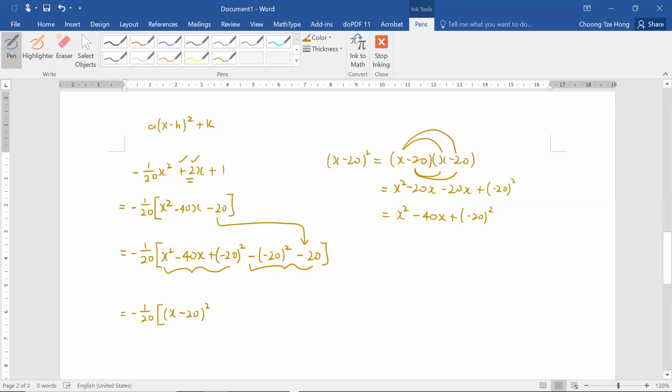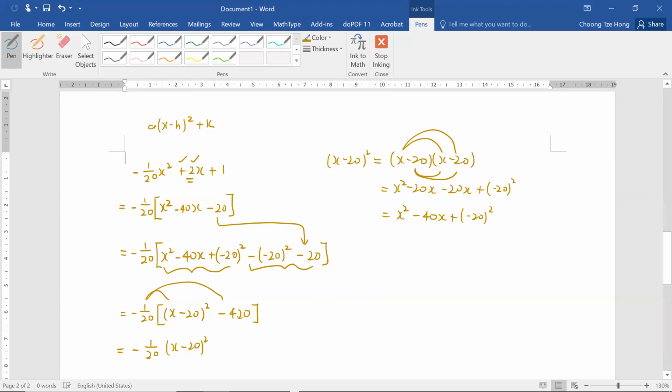You can just use your calculator. Negative 20 squared is 400. So negative 400 minus another 20 will give you negative 420. Then from here we just multiply the negative 1 over 20 back in. So you'll get negative 1 over 20 times (x minus 20) squared.